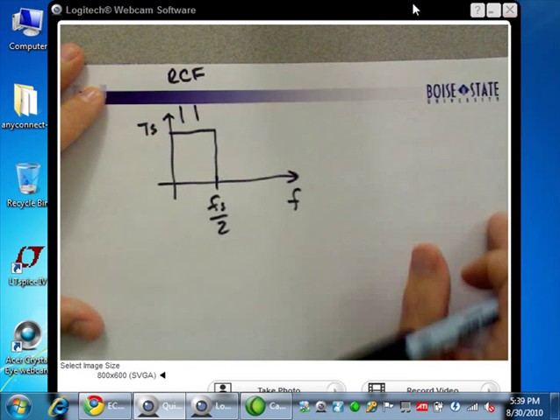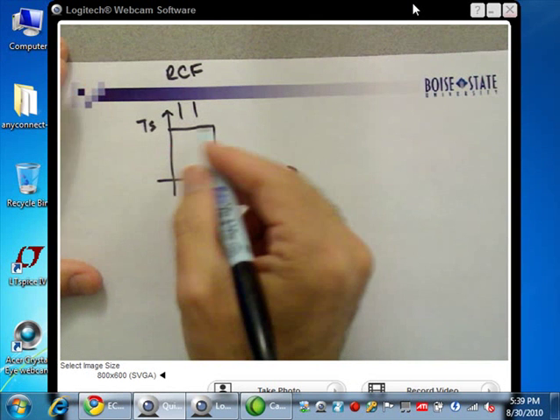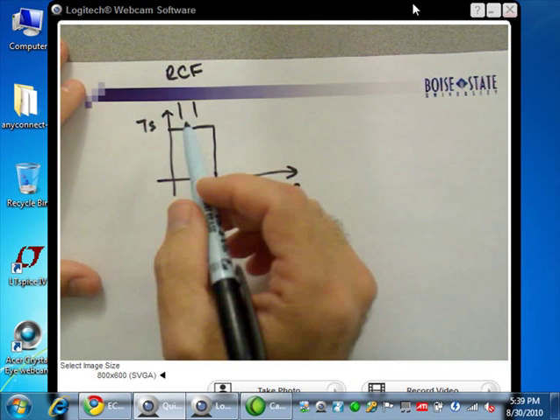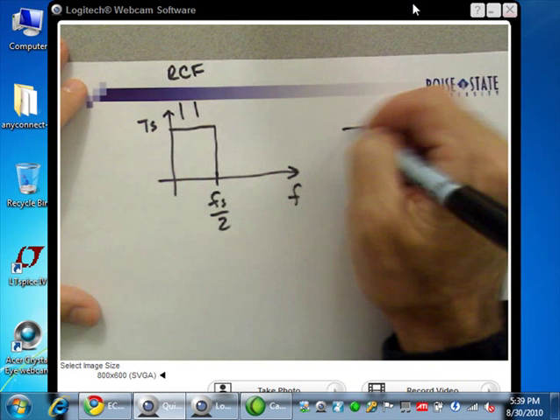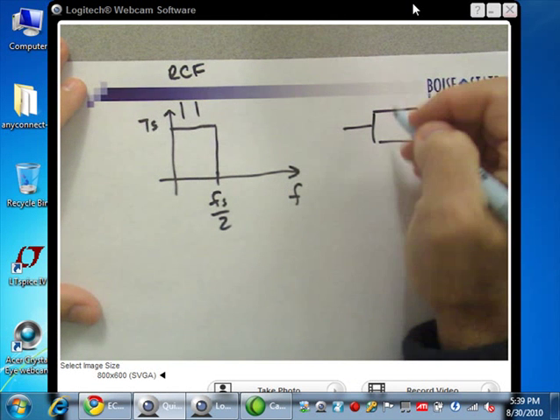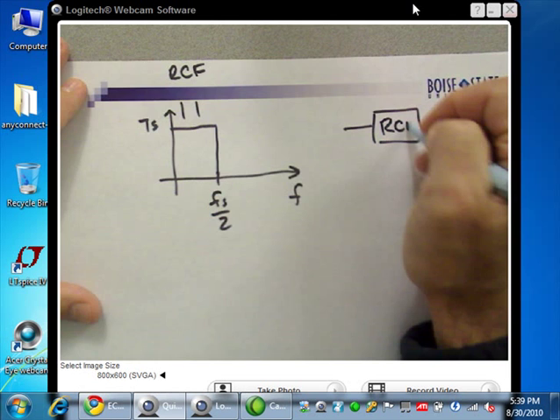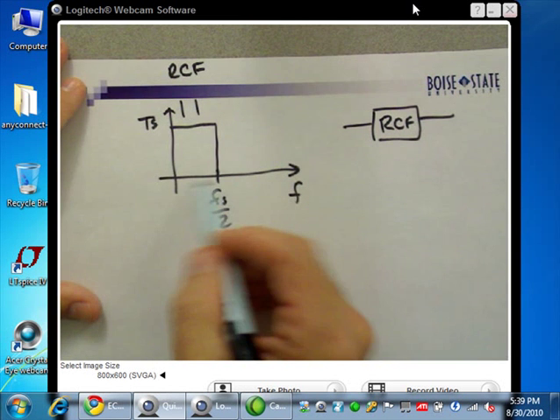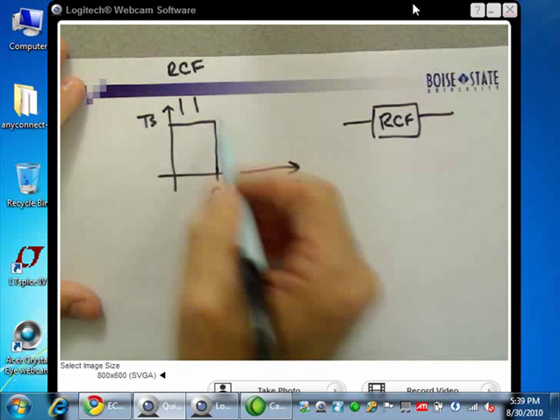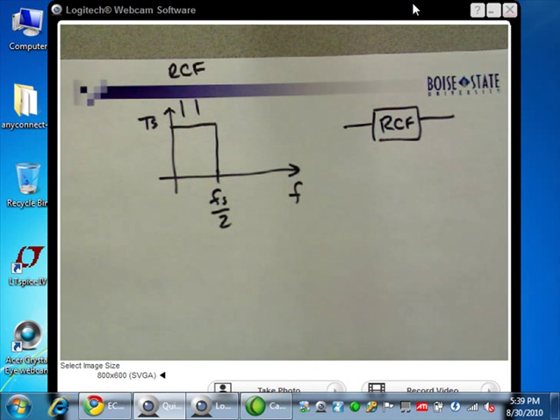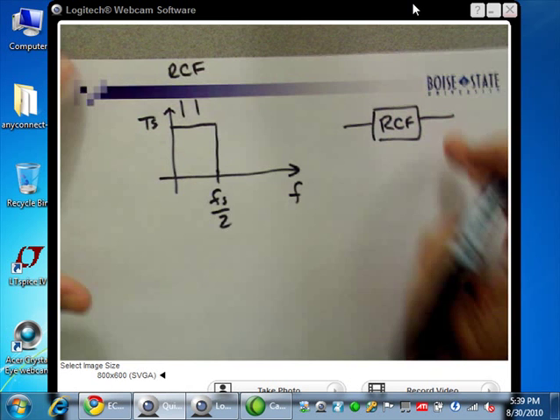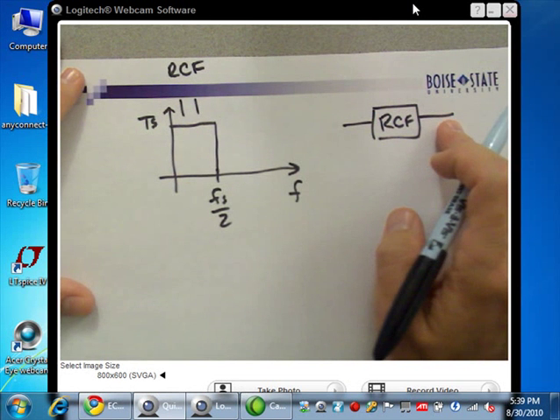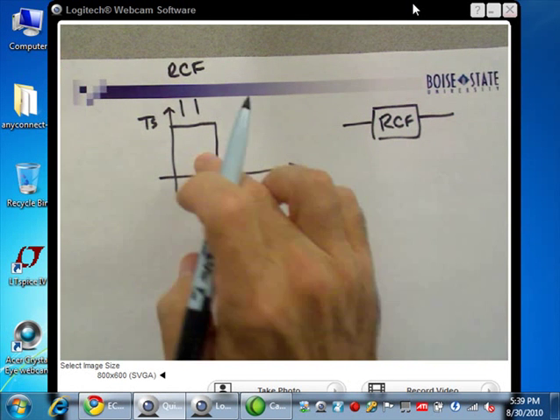Okay, so I want to determine the impulse response of this filter. Let's just call it the reconstruction filter. It has a magnitude response of TS, a bandwidth of F sub S over 2, and a brick wall response. How do I determine this filter response in the time domain? I can do a couple of things.